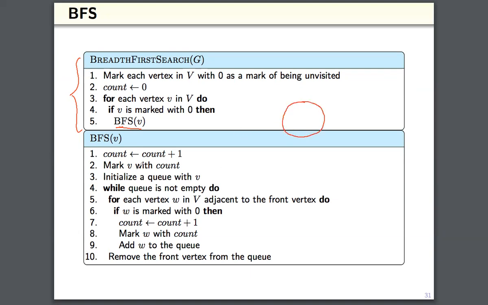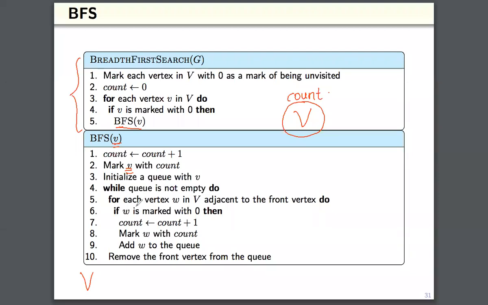Mark that vertex or node, increment the count, mark that vertex V with the count, and initialize a queue with V, right? Suppose our queue is V.